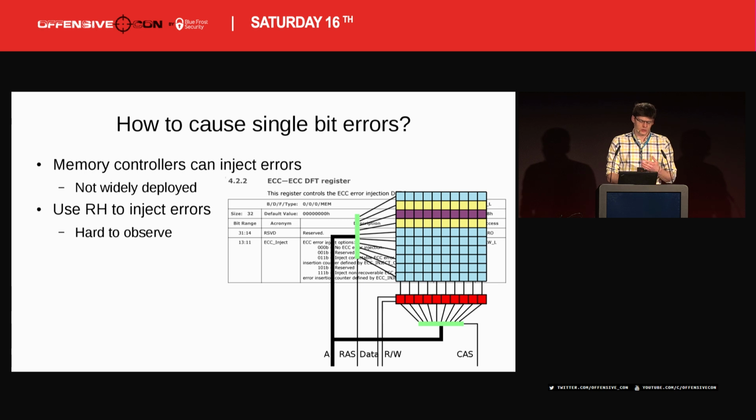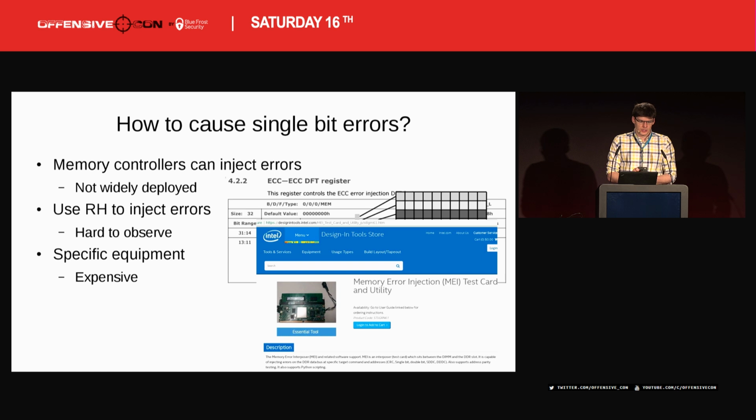Also, the bit flips will be corrected if you do just one, so that is hard to observe. Again, for any problem, you'll have a tool. The problem with these tools is that they are fairly expensive, and I'm not really sure if it comes with the NDA or not. But in any case, if you see a tool like that without a direct price, it means that it will take time to actually get to that tool.